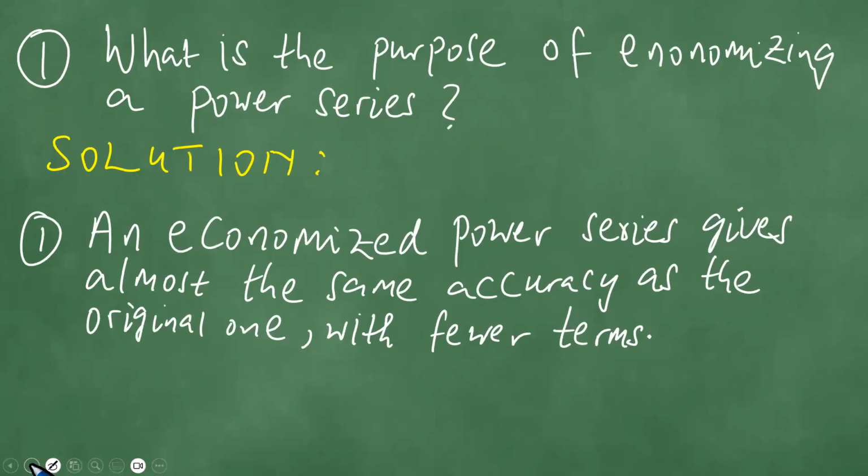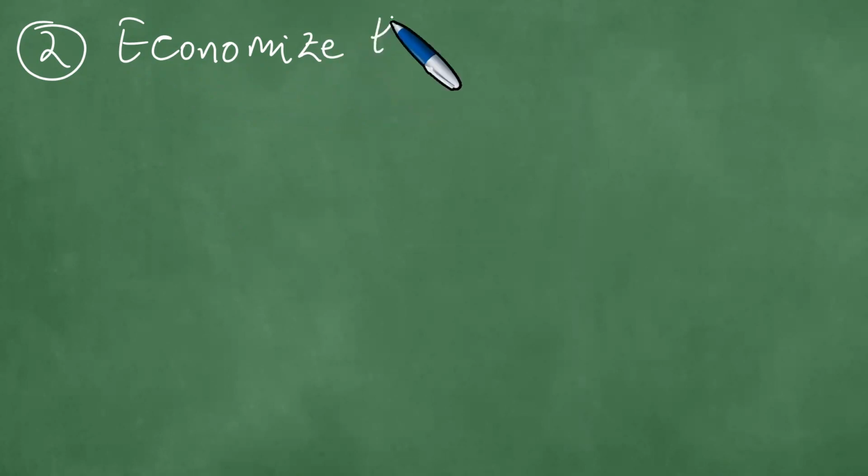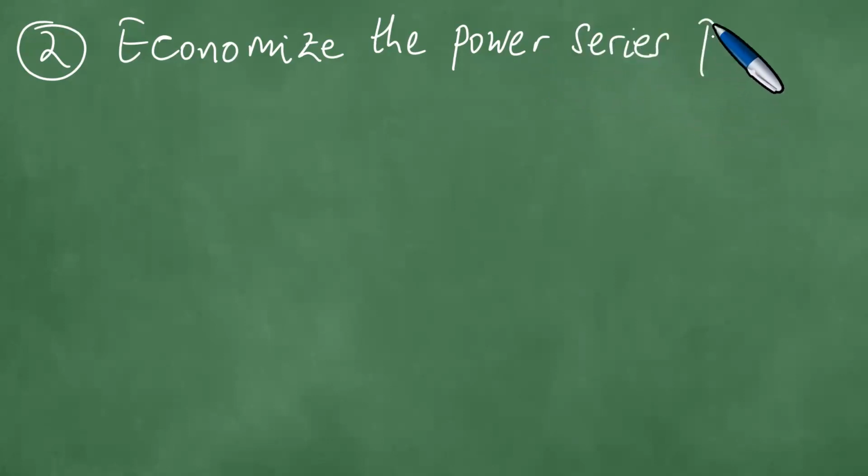But here comes the next question. Economize the power series P of X. So you continue.